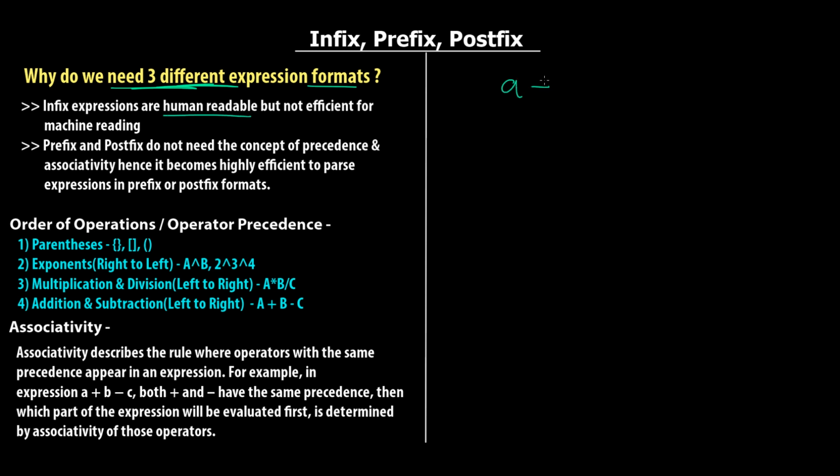Yes, we can easily read a plus b rather than plus ab or ab plus. So this is more readable for humans, but it is not efficient for machine reading, because we just saw that we have to follow the order of operators, operator precedence, and associativity. All this extra information makes the arithmetic calculations in the algorithmic process a little inefficient.